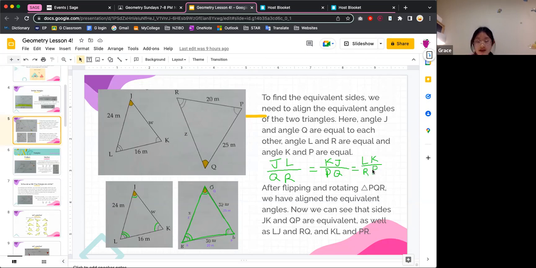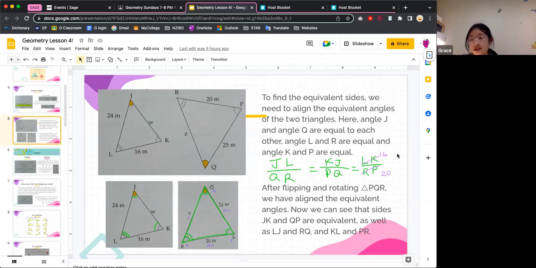This one actually has some numbers for us. We know that LK is 16, so I'll replace that with a 16. And I'll replace RP with 20 because we can see it in the diagram. So we have this fraction, 16/20.